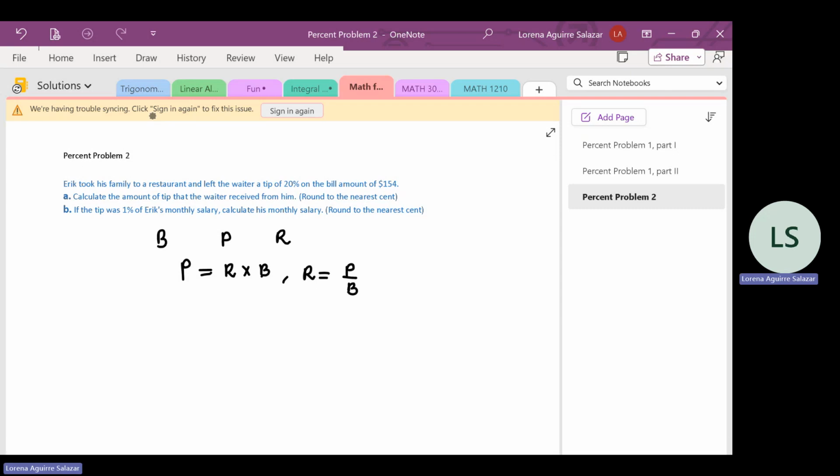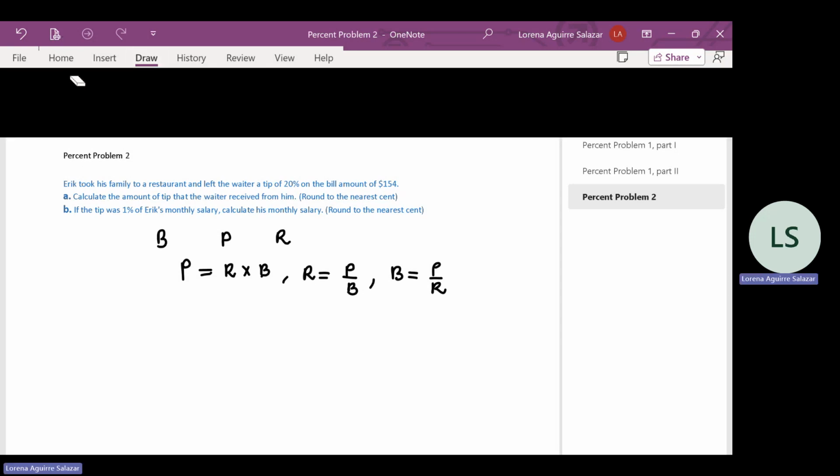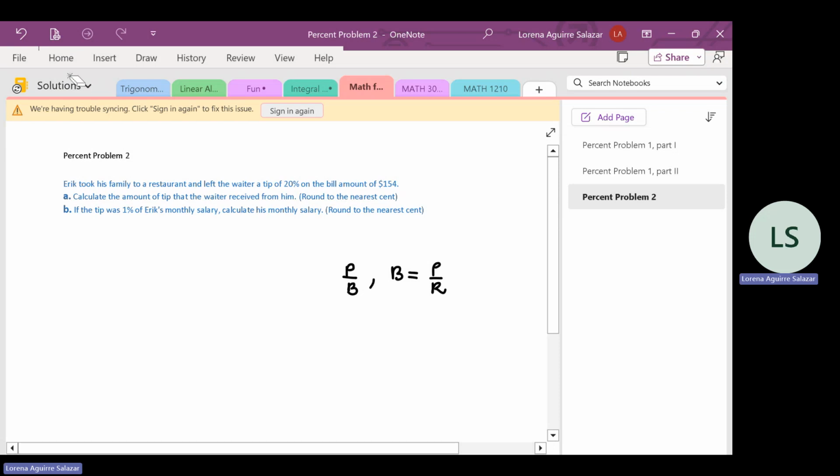So rate is written in terms of portion and base. And we can also compute the base in terms of the rate and the portion by doing portion divided by rate. We will get to use formulas we have right here as we solve this problem. For now, let me erase those formulas and we write them when we need them.